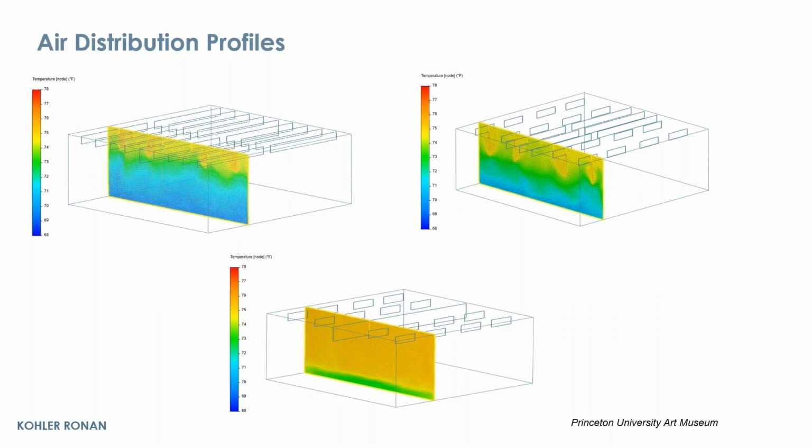So again, we looked at supply temperatures, airflows, velocities, and the location of return air, understanding how airflow will move within the space, looking at velocities and temperatures, and making sure that everything we're designing makes sense.